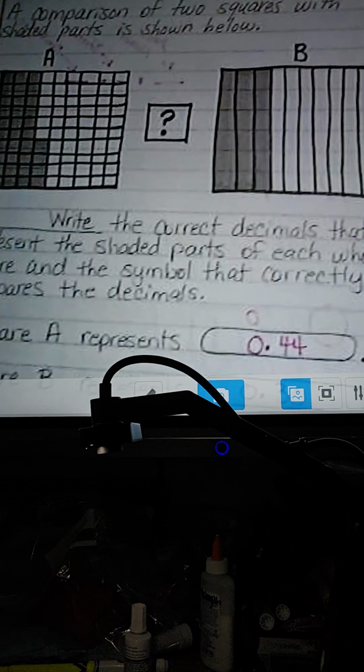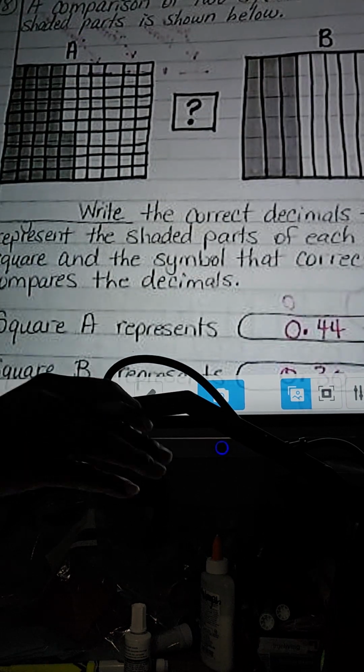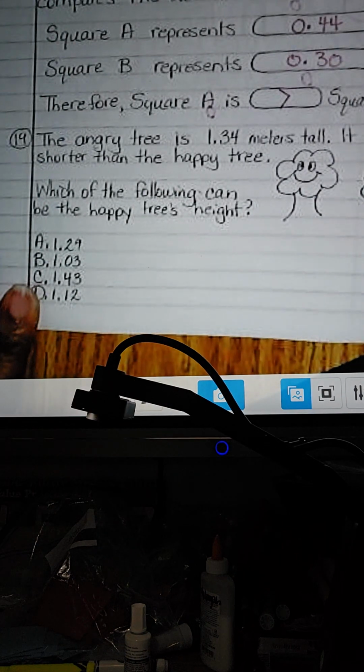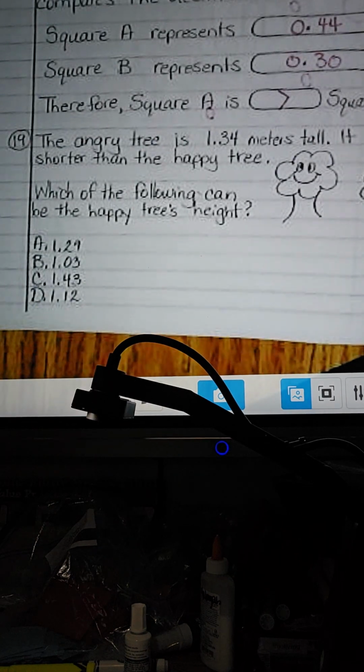Let's look at the bottom. Number 19. The angry tree is 1.